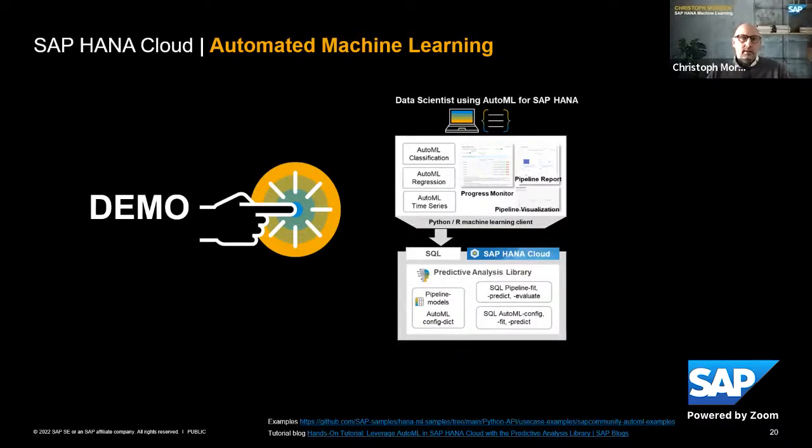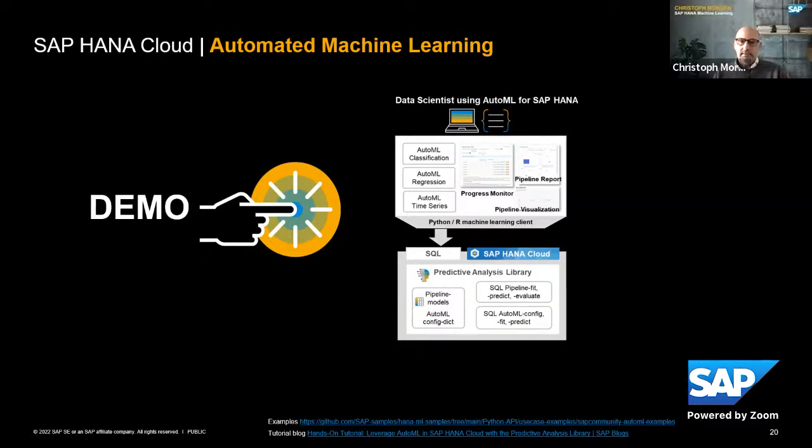And I think the best thing is to see how the capability runs live, and therefore let's look at some demos. All the demos I will show you today are also available in our SAP samples GitHub repository, where you can see the link on the slide deck.